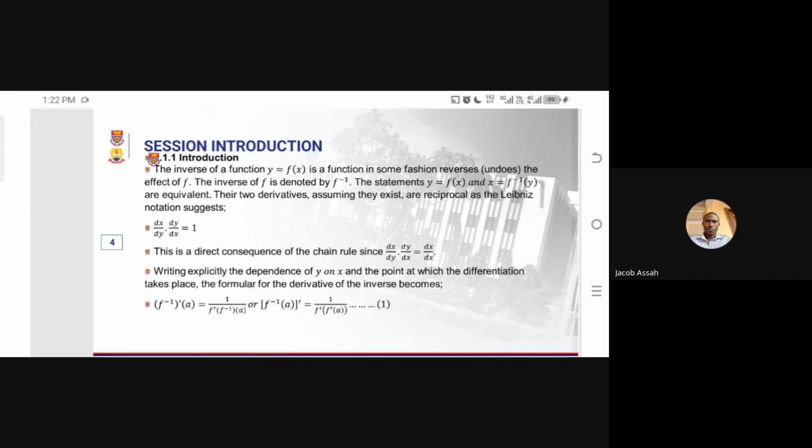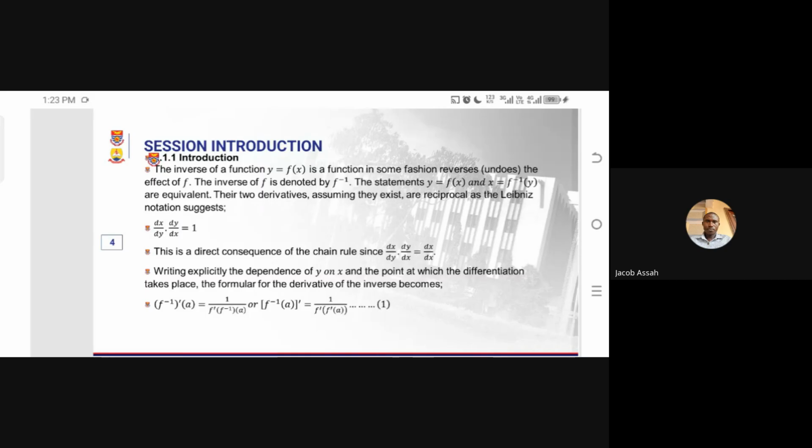So something new here: when you look at the first statement, y equals f of x, if you want to find the derivative of that function, it's going to be dy dx, and the derivative of the second statement, x equals f inverse of y, it's going to be dx dy.